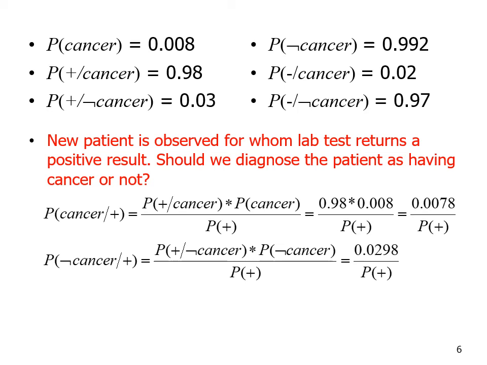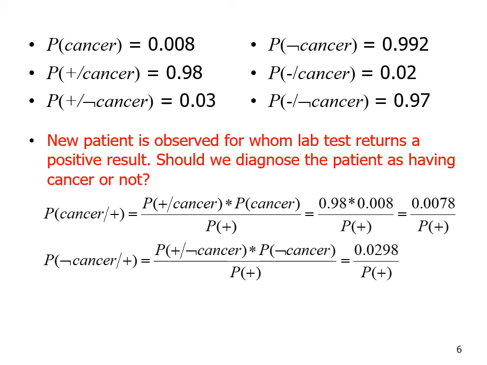As mentioned earlier, probability of data, that is probability of positive, can be omitted as it is independent of hypothesis, and hence we may compare the probabilities computed for these two hypotheses. Probability for hypothesis cancer is 0.0078 and probability for hypothesis no cancer is 0.0298.